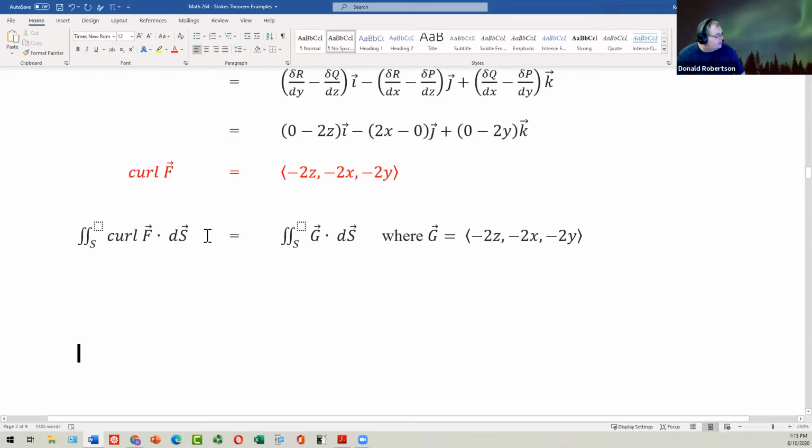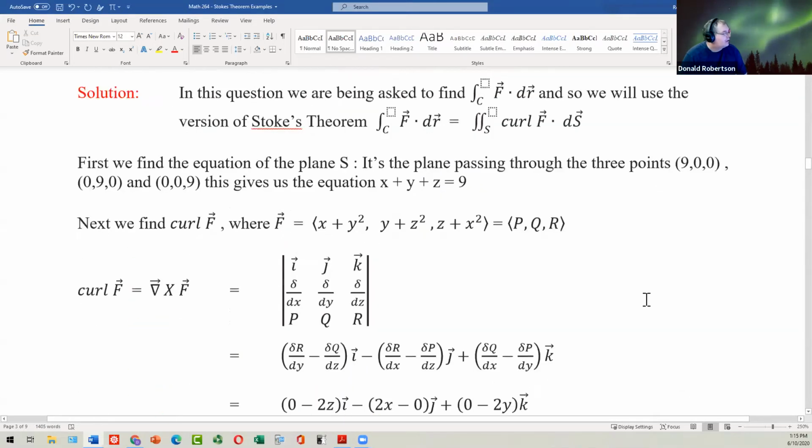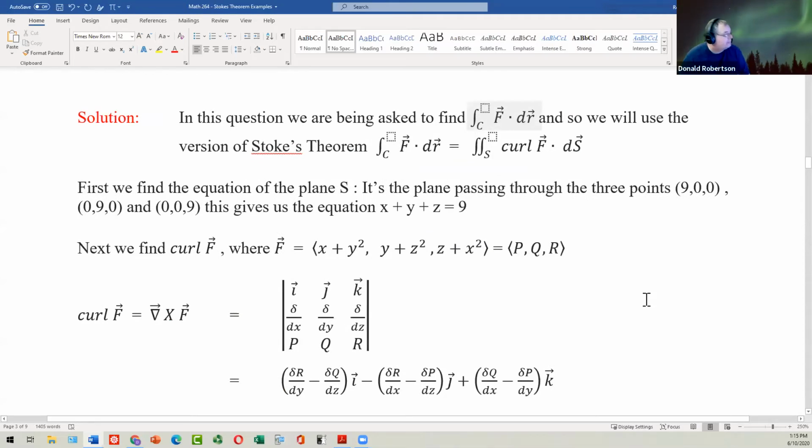So this integral has now become this integral. And for convenience, I've decided to call the curl of F, G. So that's going to be a typical process. Let me wind back and talk about what that typical process is going to be.